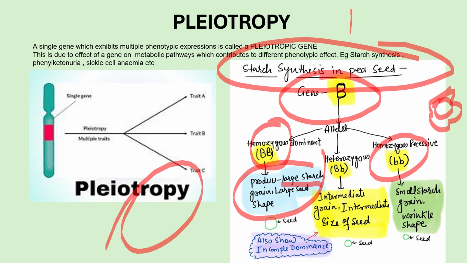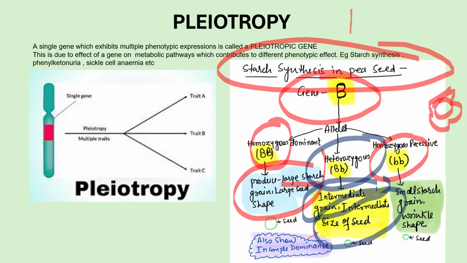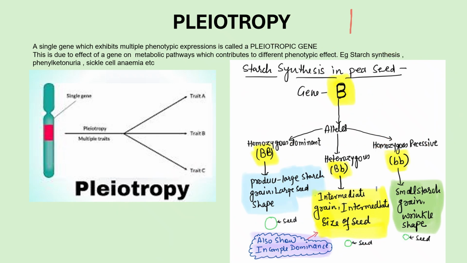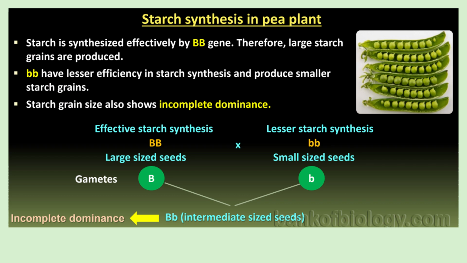In case of heterozygous condition, it is intermediate, right? So we can also put it in the example of incomplete dominance also. So intermediate size of seed, right? So this is an example of pleiotropy as well as incomplete dominance. The same thing that we have discussed just now.